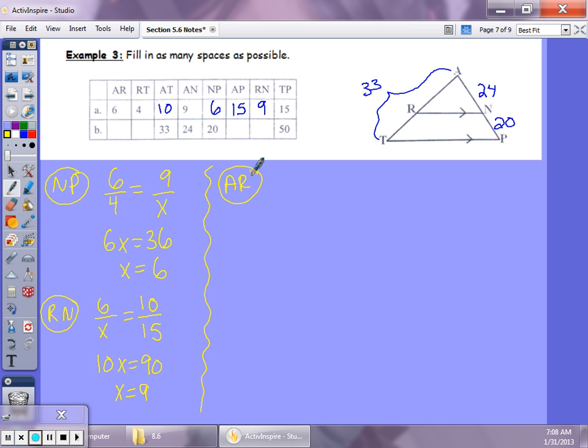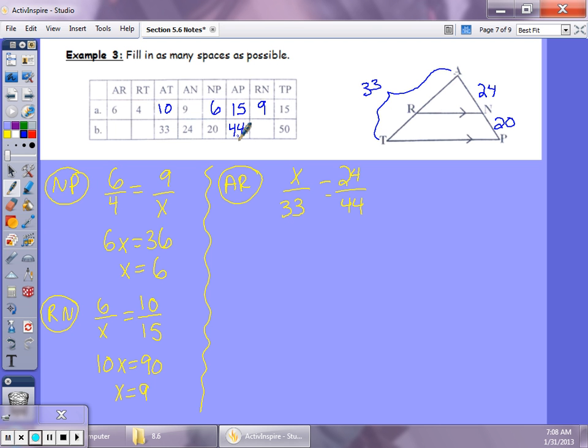So for AR, we can set up a proportion of x over 33 and set that equal to 24 over 44. So I got 44, which is the length of AP, by taking 24 plus 20. So now we know that AP has a length of 44.